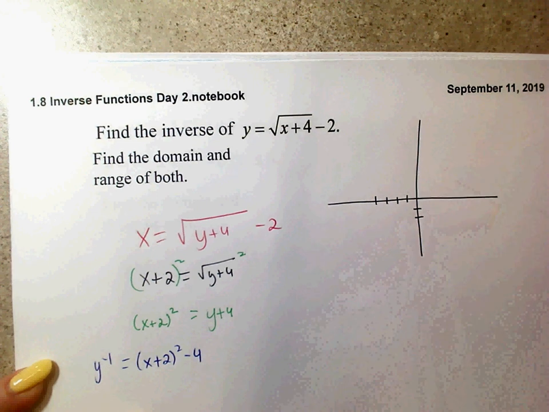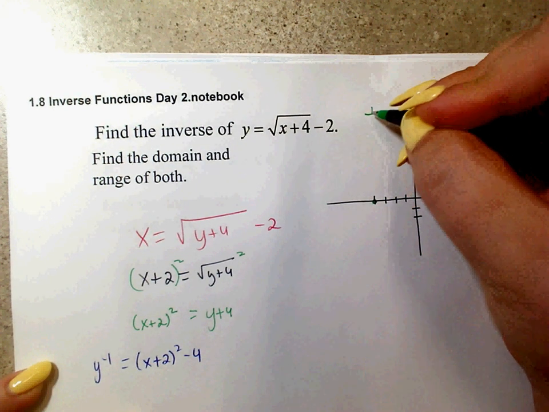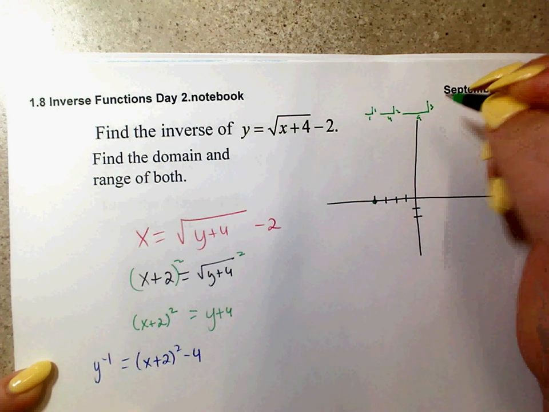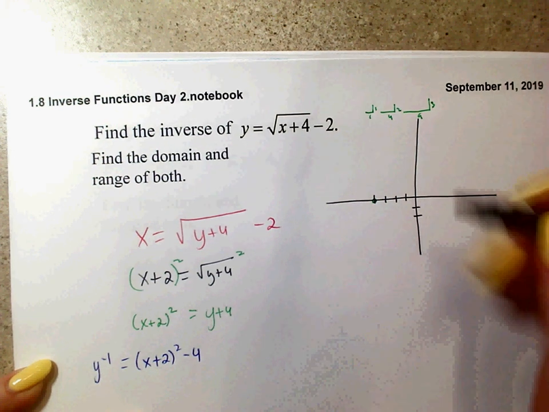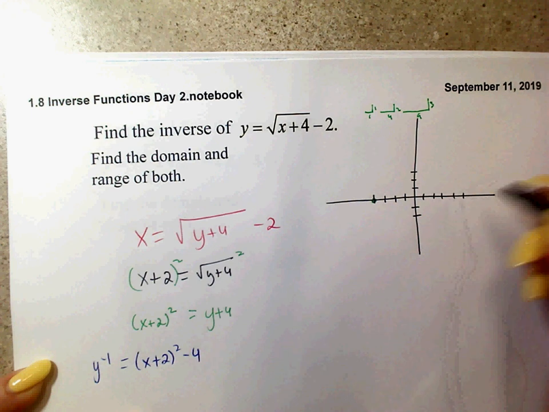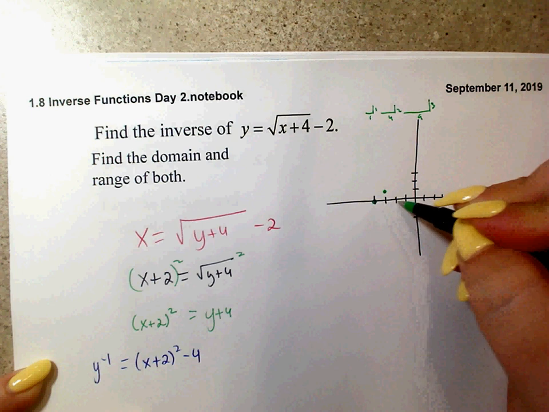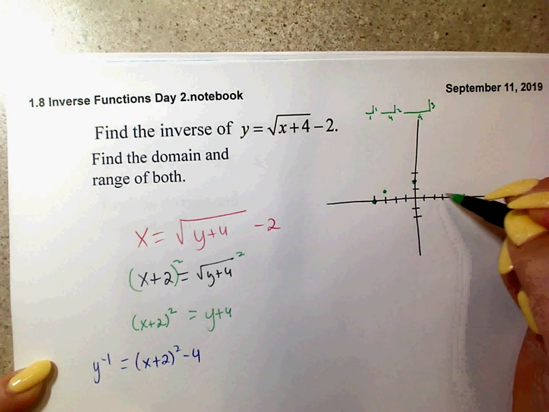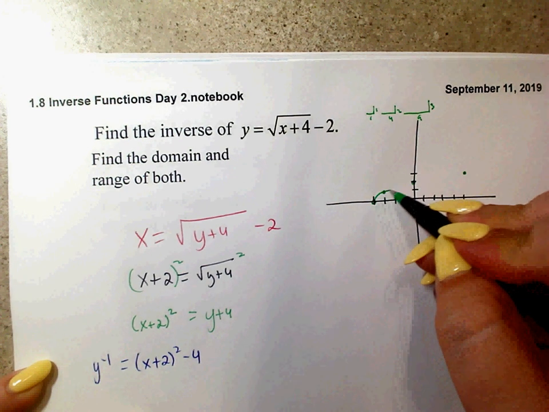And so I've got my general square root pattern: over 1 up 1, square root of 4 is 2, and square root of 9 is 3. So over 4, up 2, and over 9, up 3. And that is my square root function.